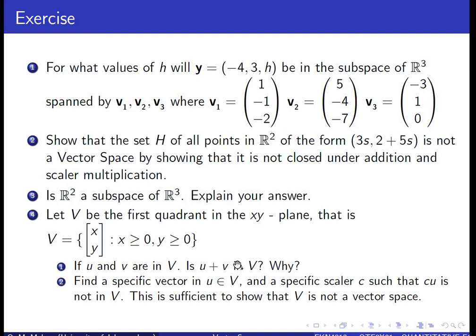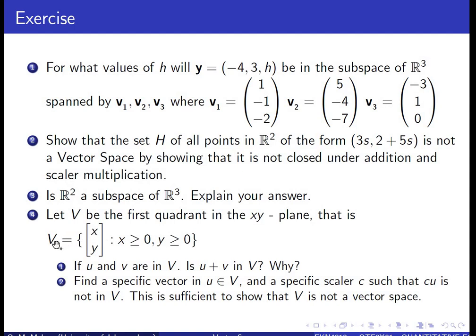And then we have a vector here. Let V be the first quadrant in the xy plane that is given as (x, y), where every component is greater than or equal to 0. Right? If u and v are in V, is u plus v in V? It is. In order to find out why, you can go through my example, right?